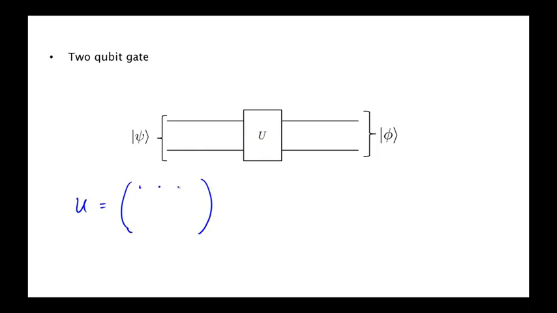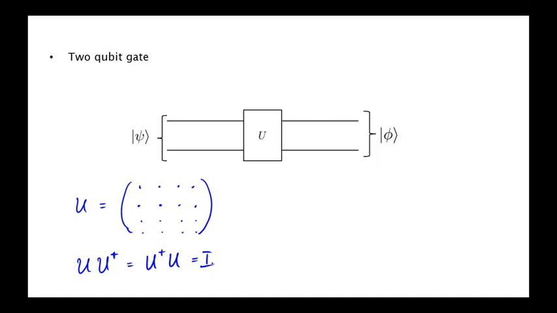So it's a complex matrix which is 4x4, so it has 16 complex numbers in it. And the fact that it's unitary is given by the fact that U times U dagger is the same as U dagger times U is the identity.